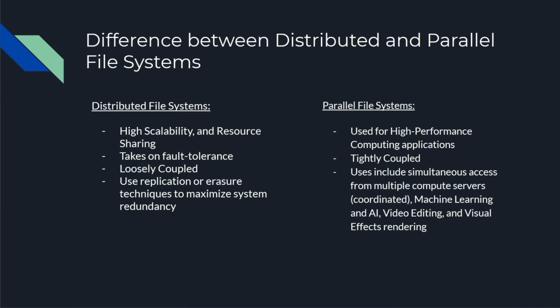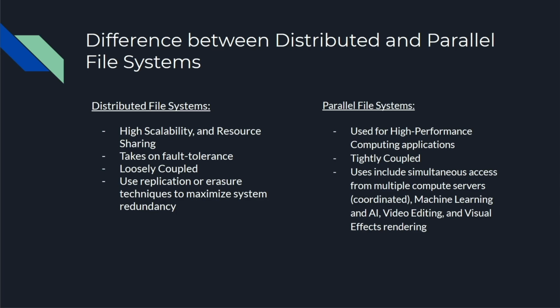Now I'll go over the differences between distributed and parallel file systems. The main difference is that parallel file systems are geared more towards high performance computing and parallelism. The distributed file system is more towards high scalability. It takes on fault tolerance and resource sharing.